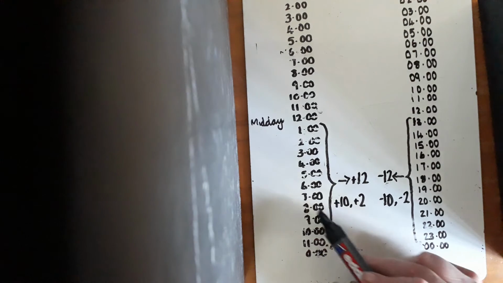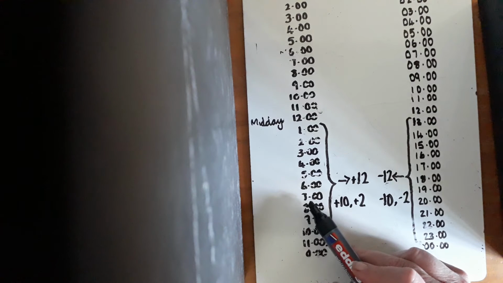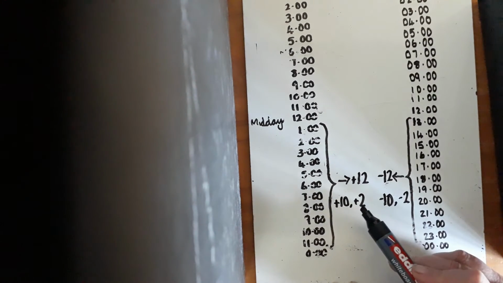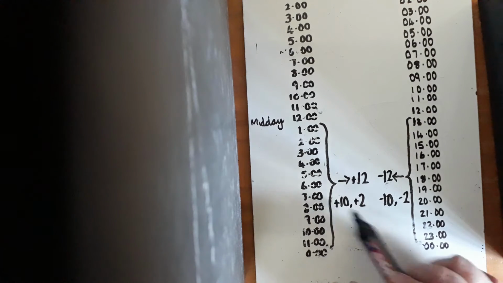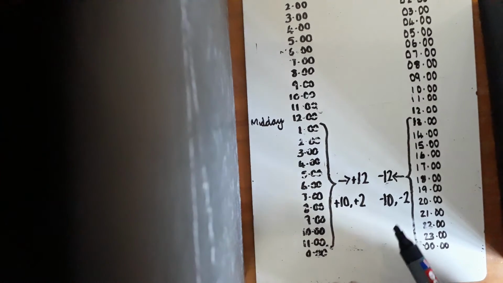So if I'm looking at 7 p.m. in the evening, if I add 10 to 7, that gives me 17. Add the 2, 18, 19. Hopefully most of you will be able to do that without having to do it in ones as well.